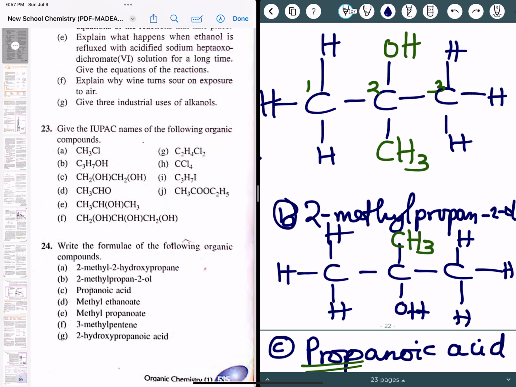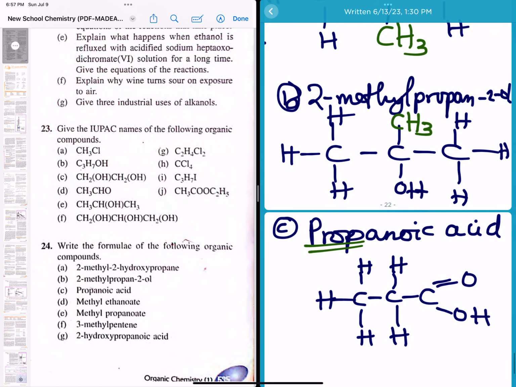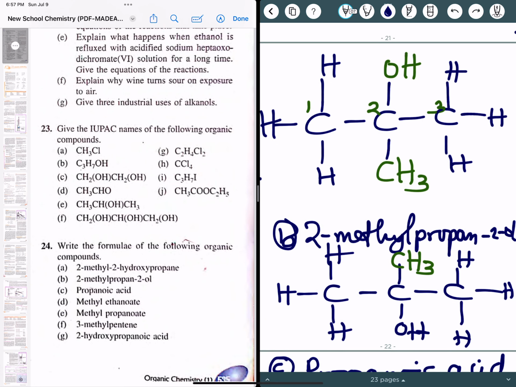The next question is B, 2-methyl-propan-2-ol. Here to take note, propan-2-ol is CCC with a hydroxy group on the second carbon atom. What is showing in blue here is your propan-2-ol.